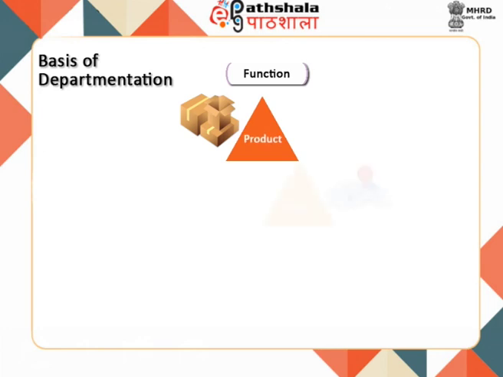Third, region. Territorial basis is required in case of large organizations dispersed physically in the form of various zones or branches that produce the same goods or perform similar services at various locations. Fourth, customer.